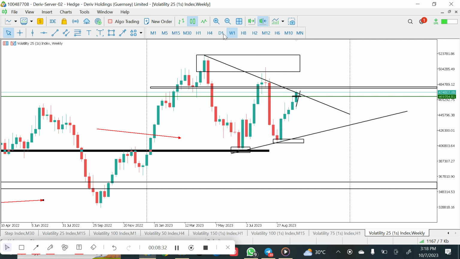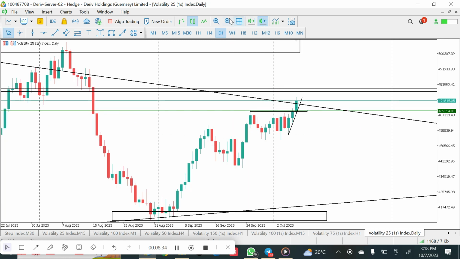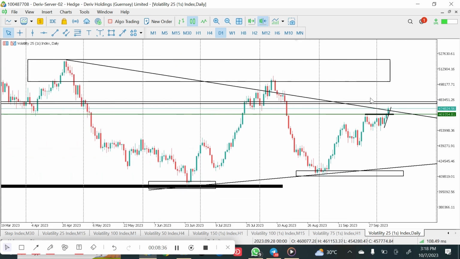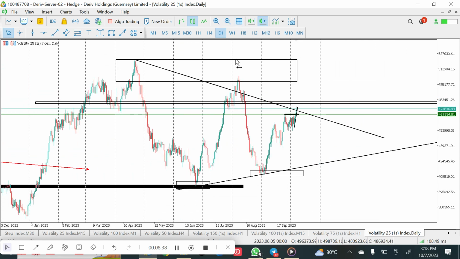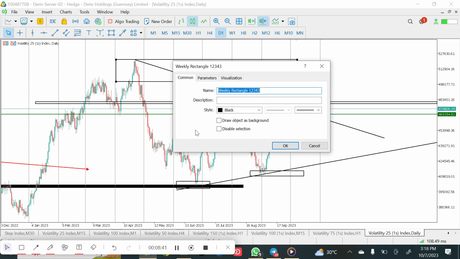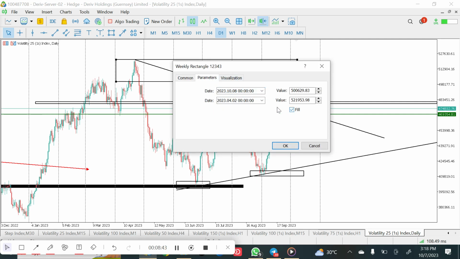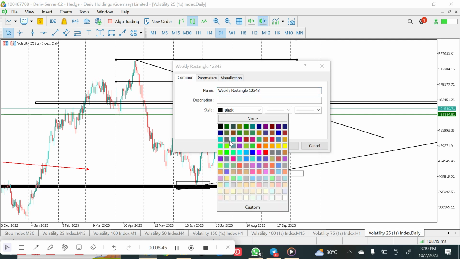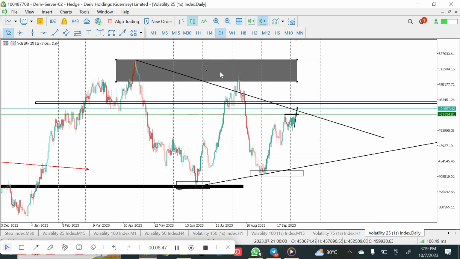So going down a step further to the daily time frame, we could see, let me paint this black area dark gray, this area of support.